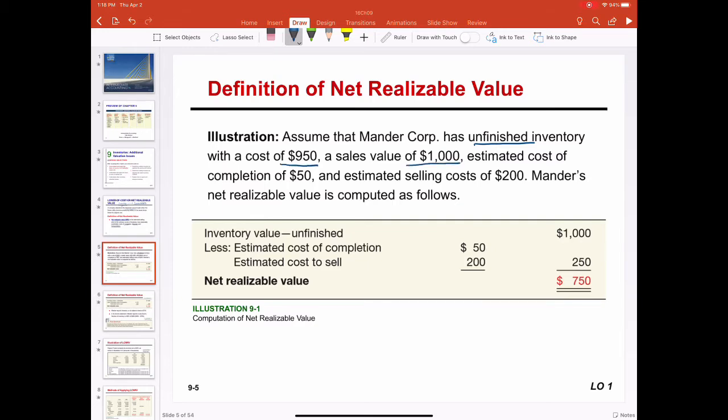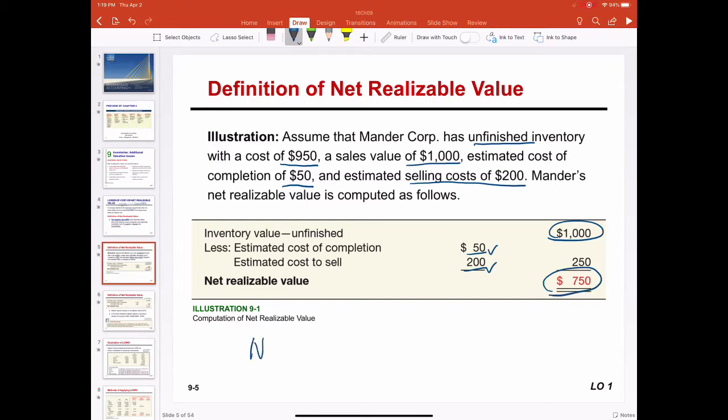To complete this inventory, it needs to spend $50 more, and the selling cost is $200. So the net realizable value is the estimated selling price subtract all the costs to have this inventory sold. This includes $50 completion cost and $200 selling costs. So the net realizable value is $750.